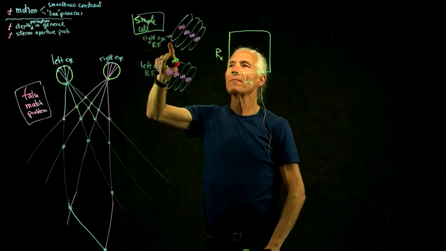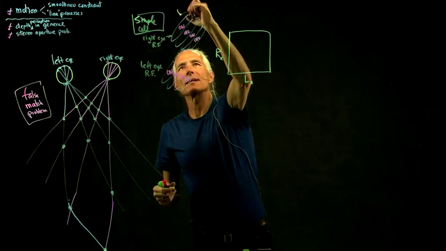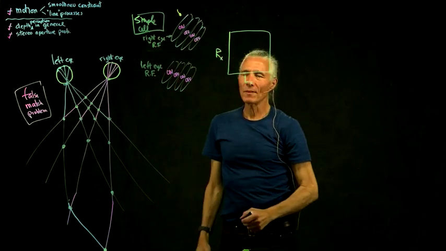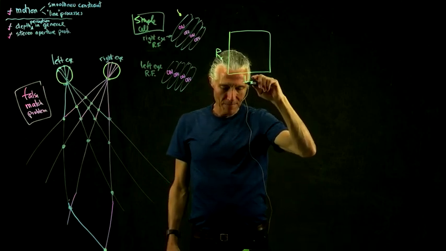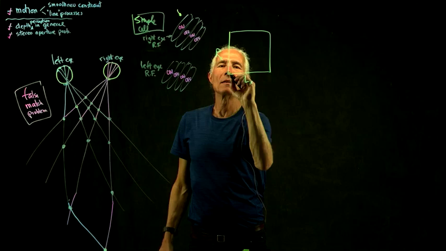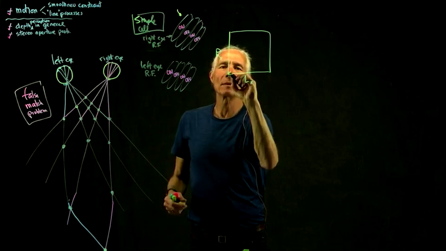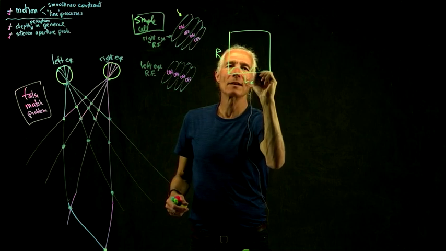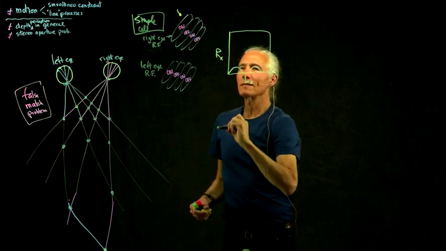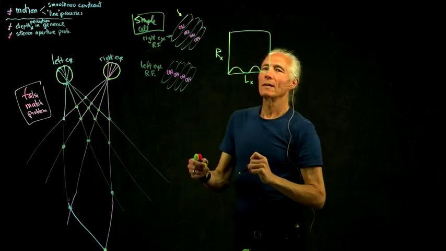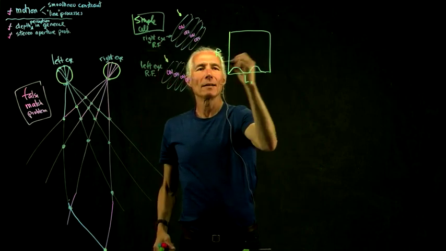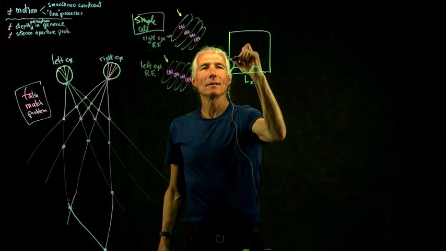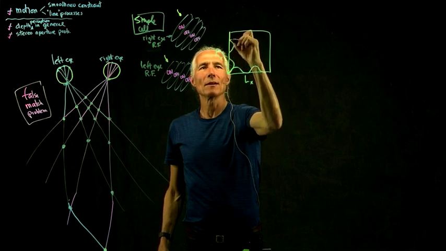If we came in from this side, we would have an on response, and then there'd be an off, and then an on, and then an off. And the same thing would happen in the right eye. There'd be an on response, and then off, and then an on response, and then off.